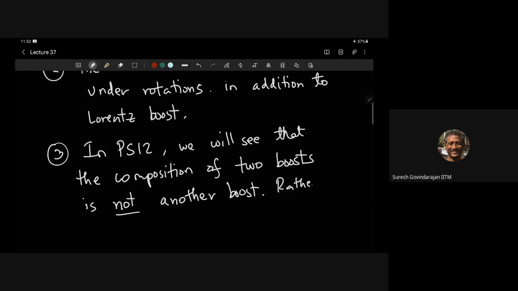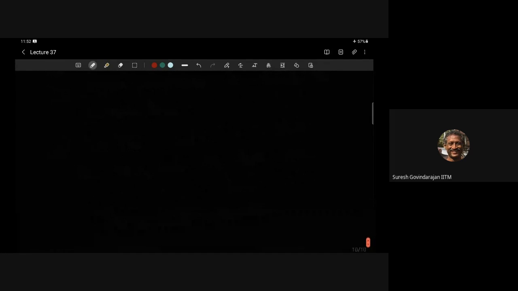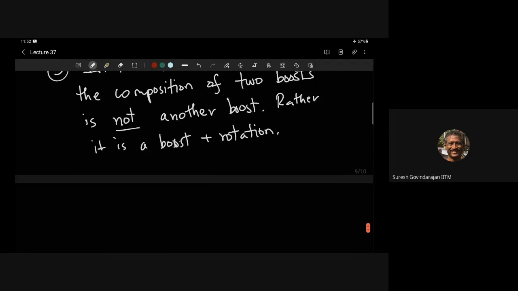Rather it is a boost plus rotation. So it's much more complicated. You remember, if we did a Galilean boost along x direction with some magnitude u, and if we did a Galilean boost along y direction, we would get another Galilean boost, and the velocities will add according to the laws of vector addition. This is not true. Okay, and we have to live with this. Is this point clear? So this is a calculation. We have to live with whatever we get. Okay, so now we will do a definition.